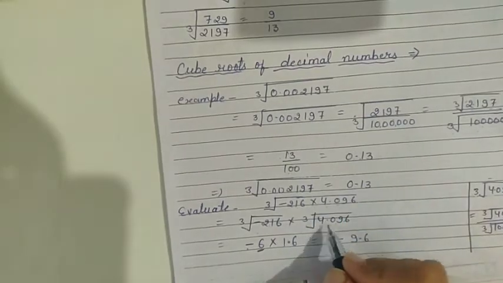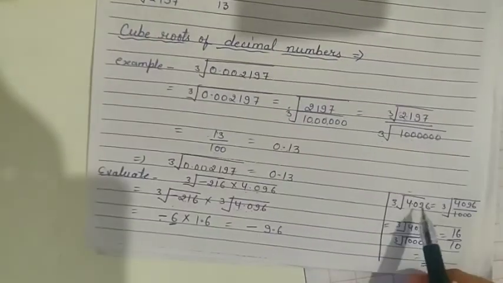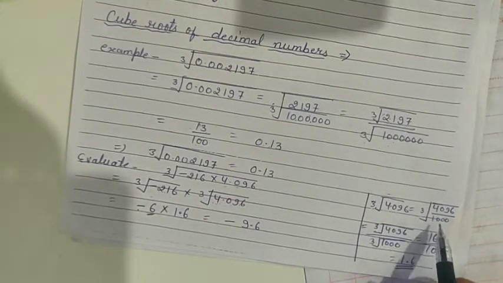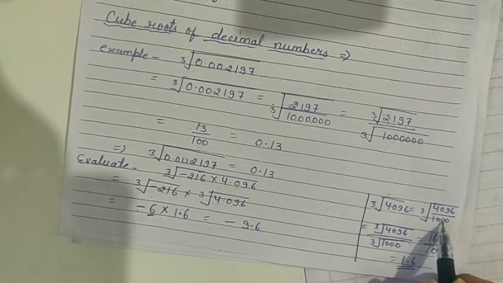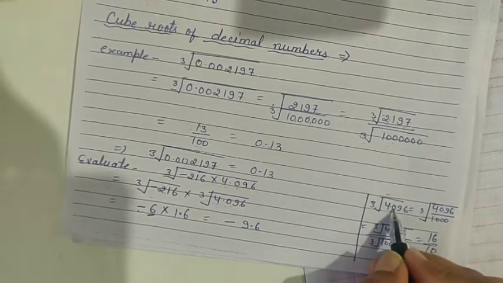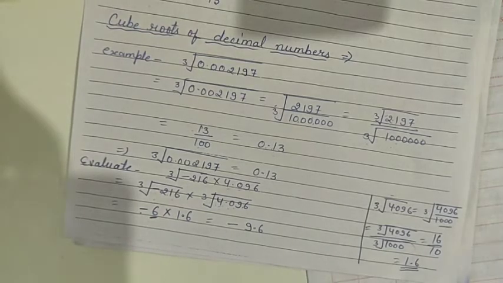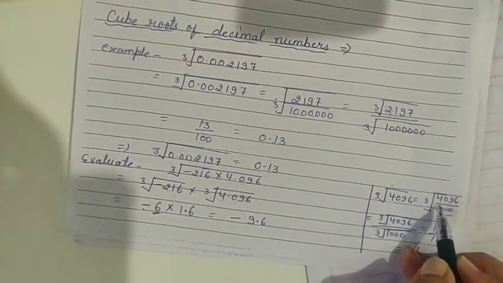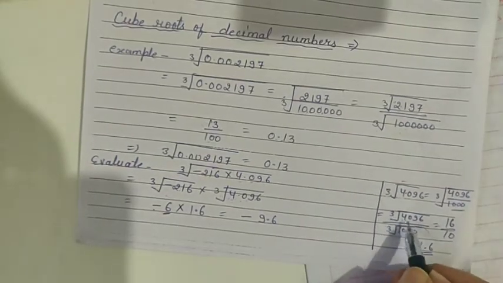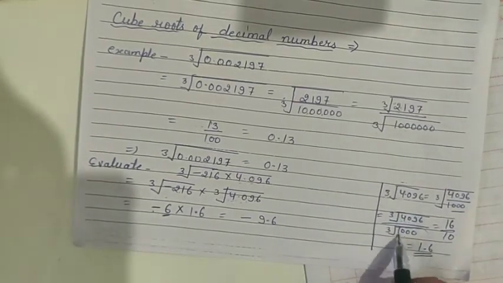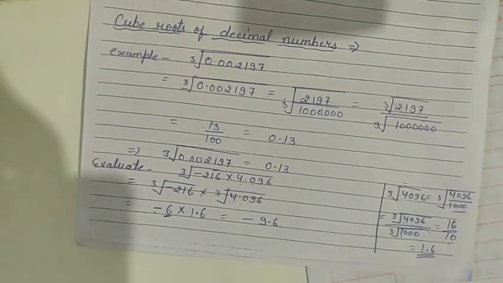Now this is a cube root of a decimal number. So firstly we will remove the decimal, then we have to write cube root of 4096 upon 1000, because there are 3 numbers after the decimal, so we put 3 zeros in the denominator. Now cube root of 4096 upon 1000 equals cube root of 4096 upon cube root of 1000, and that equals 16 upon 10.